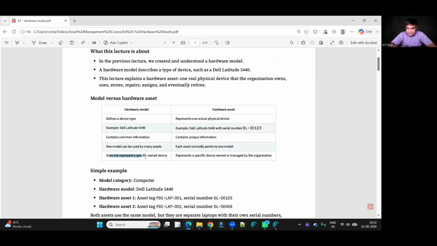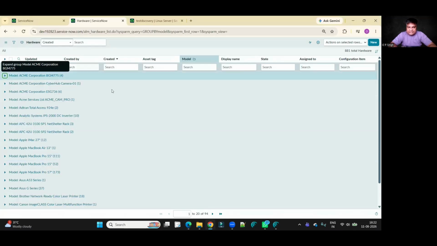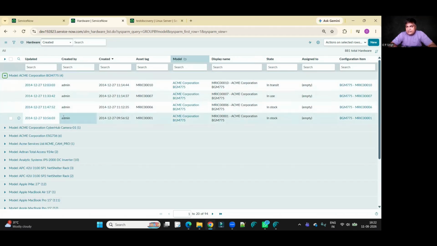Does not represent specific owned devices. Yes, represent a specific device owned and managed by the organization. Yes, okay, because these assets are what? These assets are the real physical devices that are being managed, discovered, updated properly by the organization so that they can keep track of it, because the company is already spending thousands, lakhs of rupees on this.